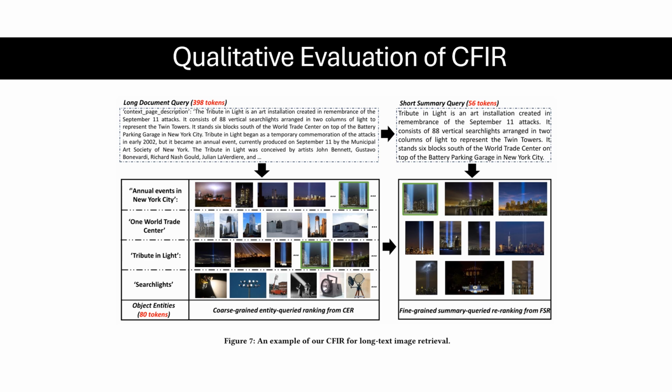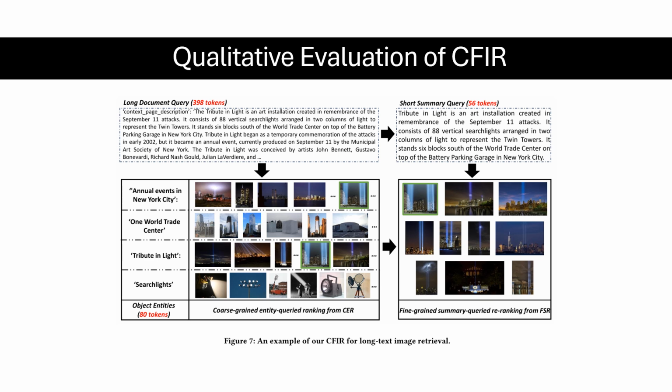Figure 7 showcases the practical outcomes of applying our Cfir framework within the atomic base ranking setting. The figure presents a comprehensive view of the retrieval process, starting with the original long document, which consists of 398 tokens, and proceeding through the crucial stages of entity extraction and summarization.